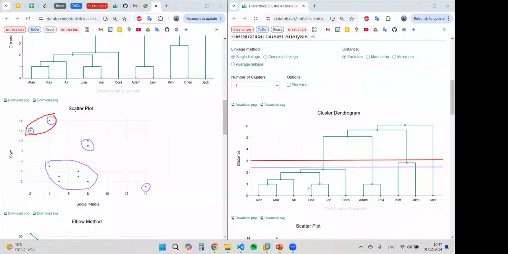Okay. If we choose to cut over here, for example, we'll have very small clusters, which I don't think will mean much, and a lot of lone nodes.